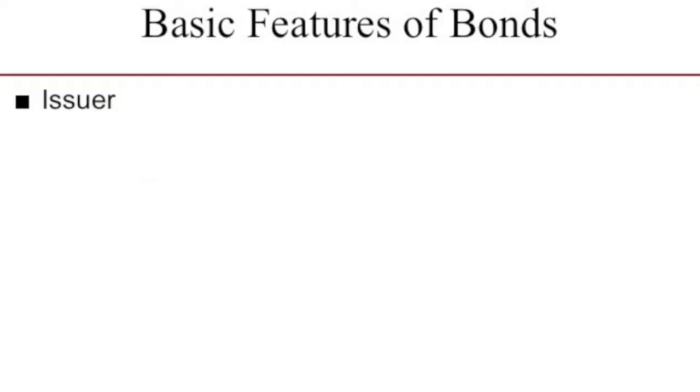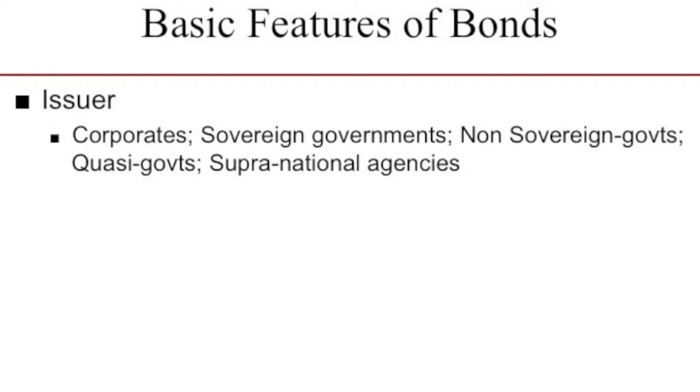Basic features of bonds. We have different types of issuers of bonds who are ultimately all wishing to raise capital. They're basically borrowing. Main issuer types include corporates, so typically large companies, sovereign governments, which implies they can raise tax, non-sovereign governments.